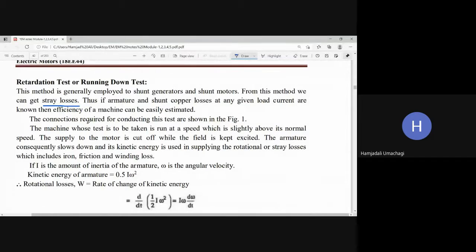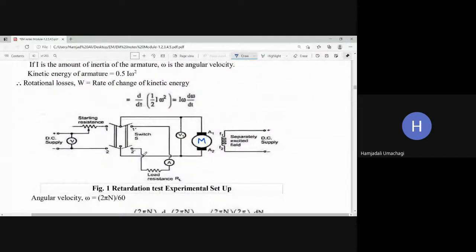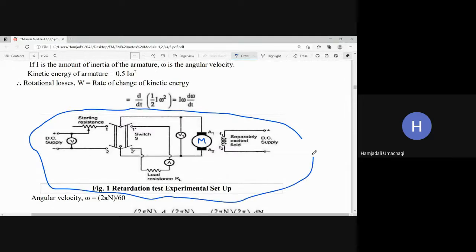Connections required for conducting this test are shown in figure 1. This is the retardation test experimental setup, where this is the circuit diagram. Here this is the DC shunt motor. In order to control the starting current, there will be a starting resistance connected in series with the armature.